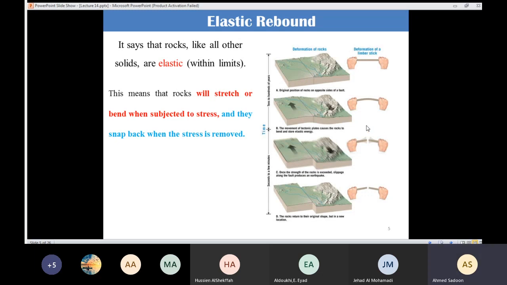So like you can see here, when failure or the fracture took place here, we are going to have vibration. This part and that part are going to vibrate, and then they will get back to their original position. So here, before the break up, we are going to see deformation like this one. When this one managed to move relative to that one, the deformation itself will be gone. It will get back to its original shape.